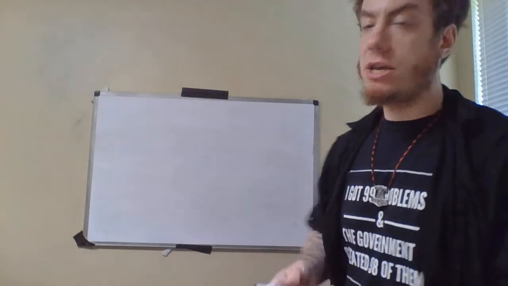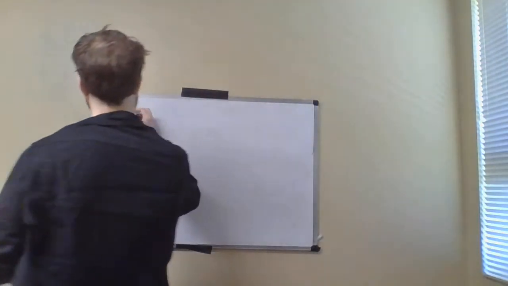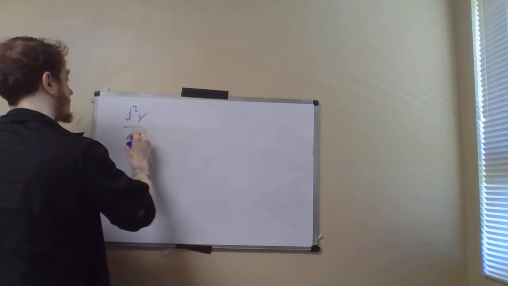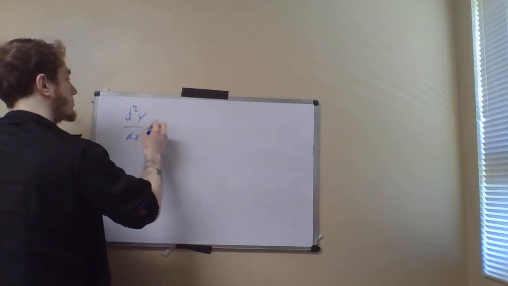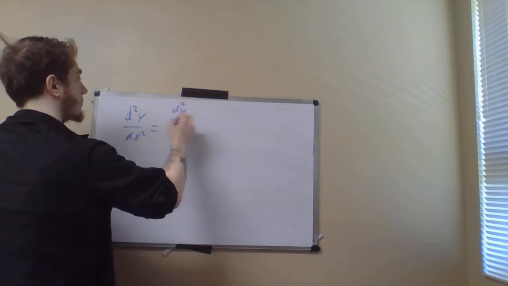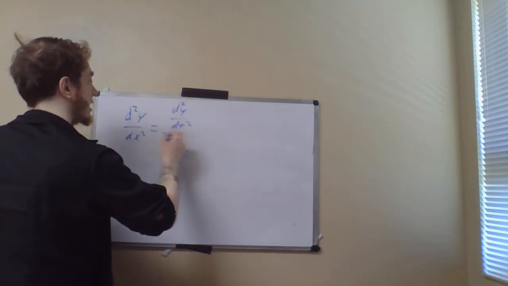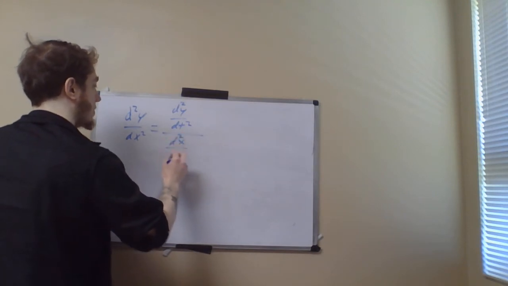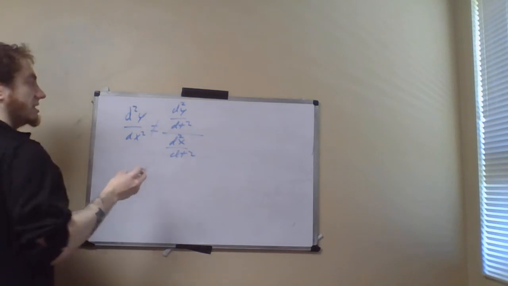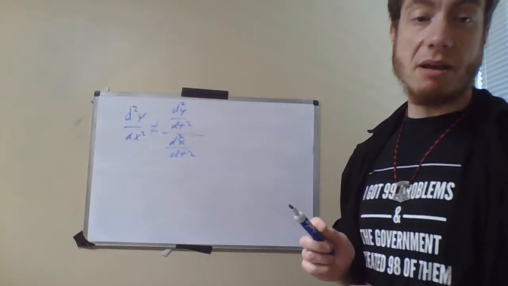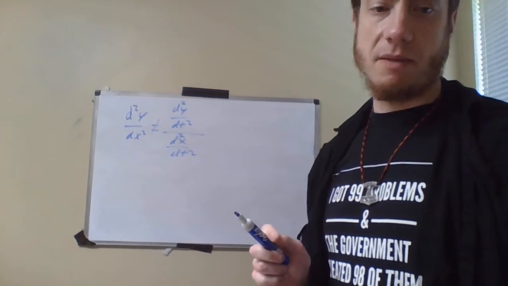You would maybe think that the second derivative of y with respect to x would be equal to the second derivative of y with respect to t divided by the second derivative of x with respect to t, but this is not true. So you have to be a little bit more clever about this sort of thing.